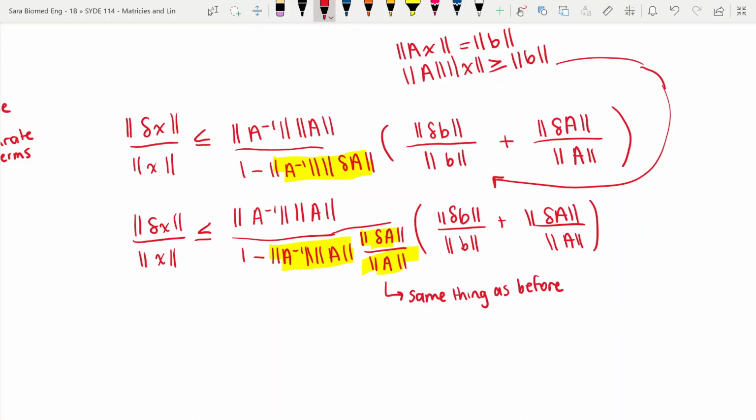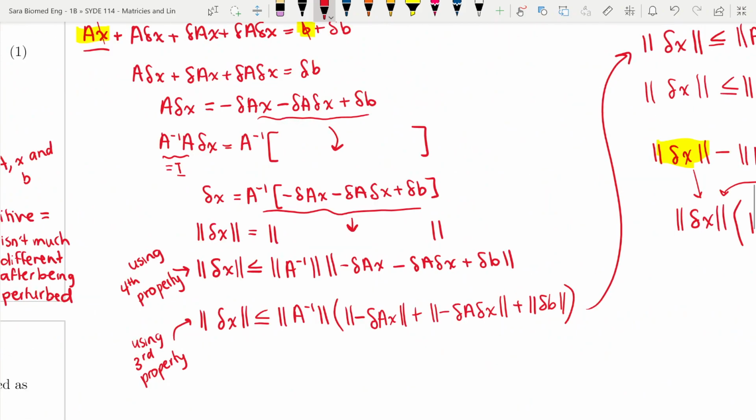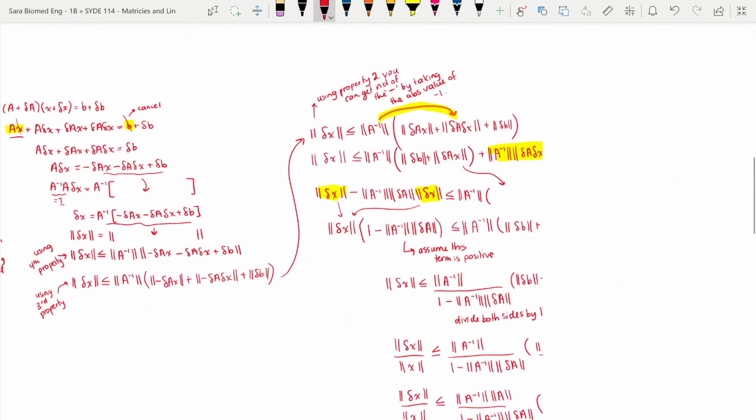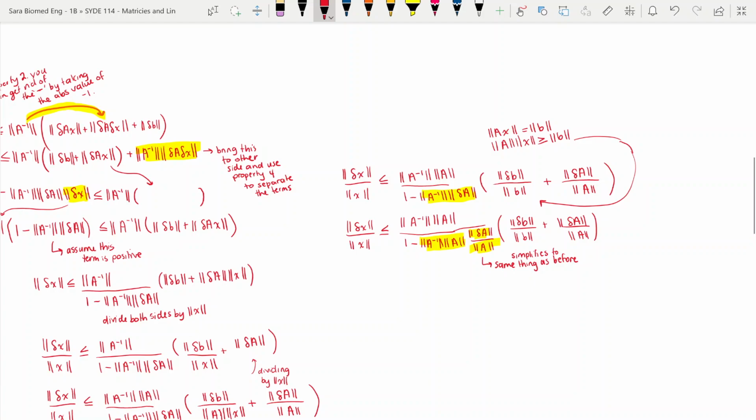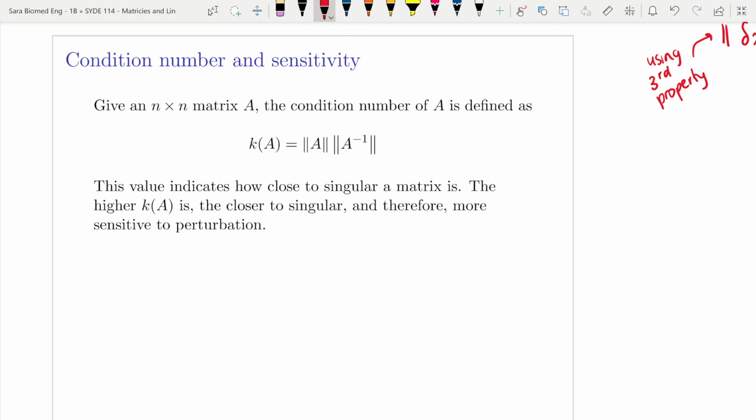Now we're going to talk about the condition number. Like I said, the condition number is defined as the norm of A times the norm of A inverse. This value indicates how close a matrix is to singular. If the value k of A is high, it means matrix A is very close to singular.